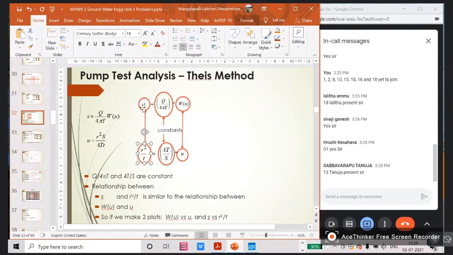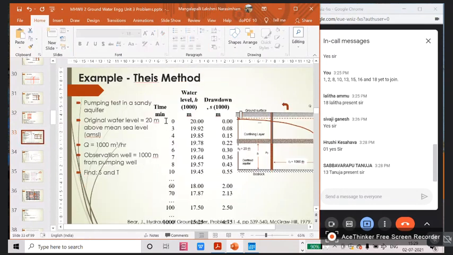S is the drawdown, R is the radius of the observation well, and T is the time, and corresponding drawdown is S. So you will have data something like this: time, and then water level. So from these two, you can calculate the drawdown, right?